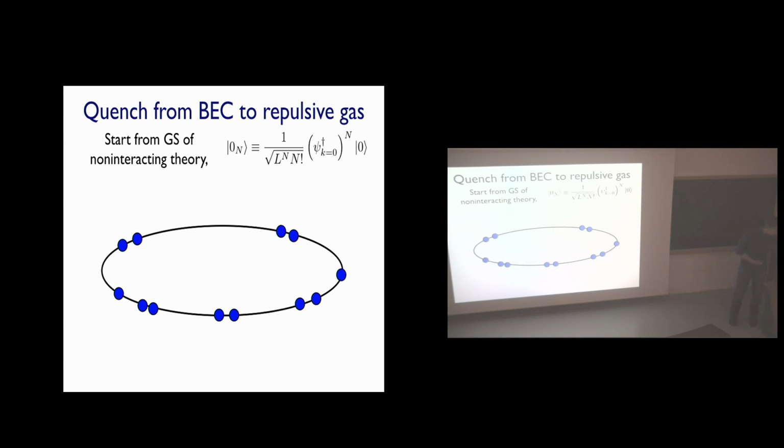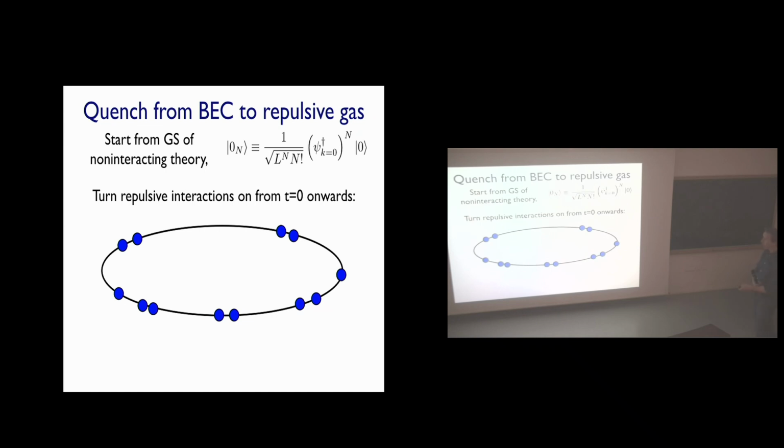And at t equals 0, I will turn on repulsive interactions. Because this initial state has extremely large number fluctuations in any little box that you would look at, there will be many parts of the wave function that will have particles overlapping each other at t equals 0.